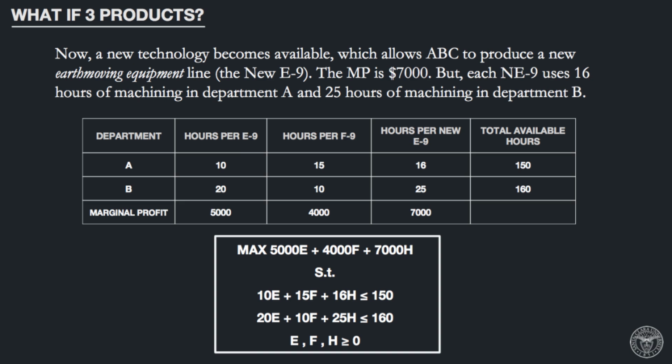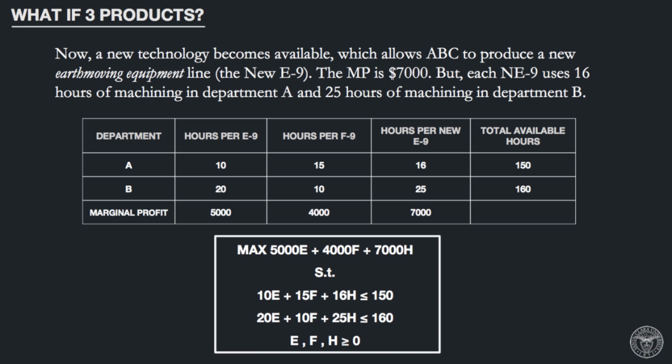The company is going to maximize the total profit equal to 5,000E plus 4,000F plus 7,000H, subject to the constraints: 10E plus 15F plus 16H less than or equal to 150. The second constraint is 20E plus 10F plus 25H less than or equal to 160. We also have three non-negative constraints: E, F, and H are greater than or equal to 0.